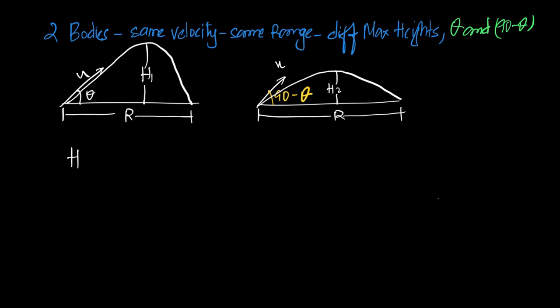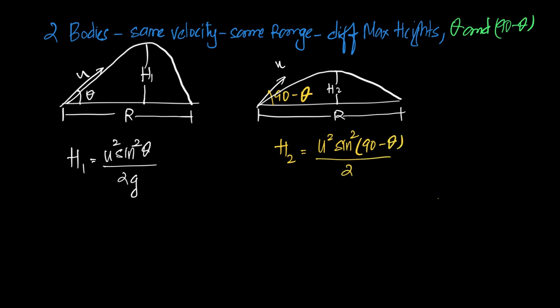So what is the maximum height here? h1 we know is equal to u square sine square theta by 2g. And h2 will be equal to u square sine square, what is the value of theta here? It is sine square of 90 minus theta, the whole upon 2g. Now, what is h1 into h2?